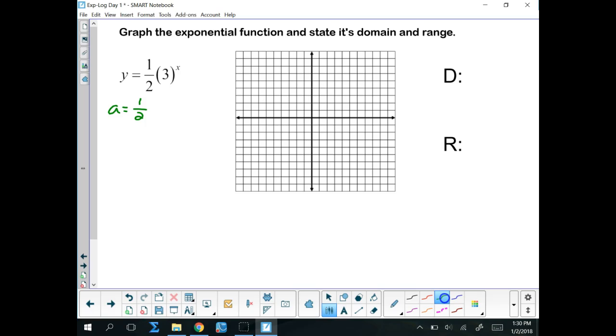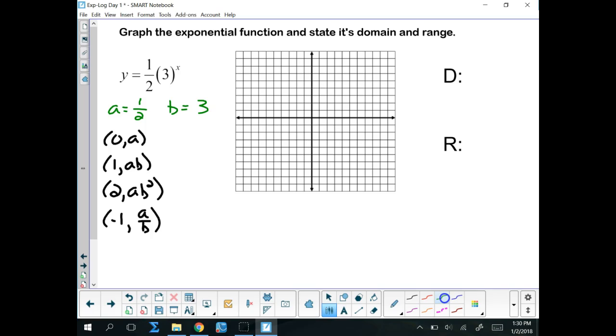What's my b value? My b value is 3. Okay? So, I'm going to go through the points (0, a), (1, ab), (2, ab squared), and (-1, a divided by b).